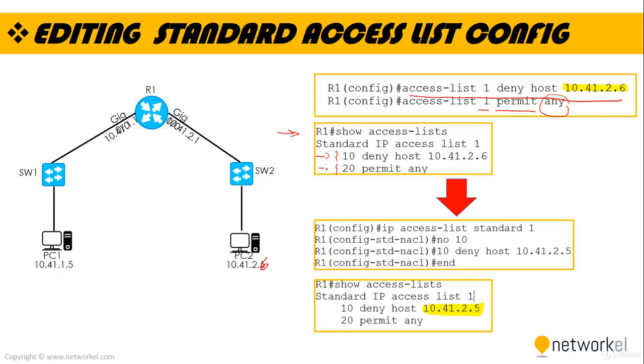Sequence number 10 is denying this host, and sequence number 20 is permitting anything else. So if you want to edit it, we are typing ip access-list standard 1, then no 10, which means we are deleting this rule, and we are typing again 10 deny host 10.41.2.5 maybe. Alright, this is how we edit this.